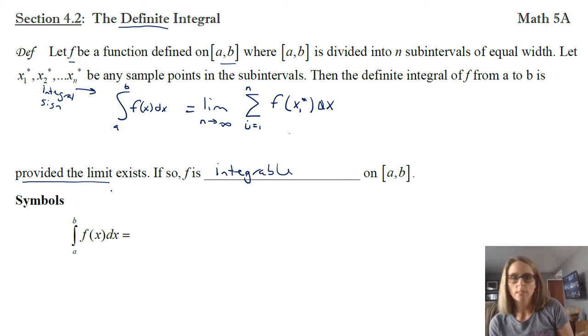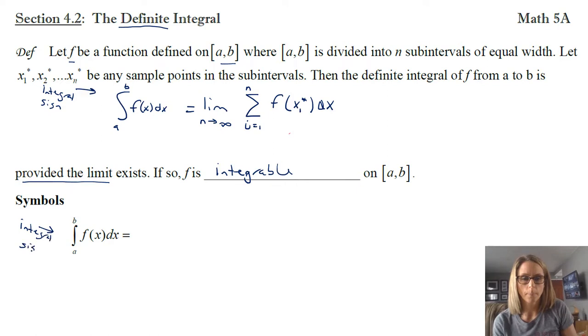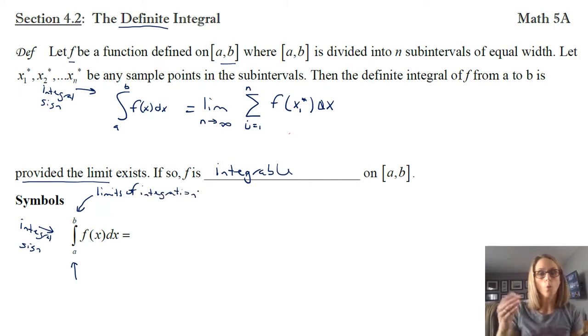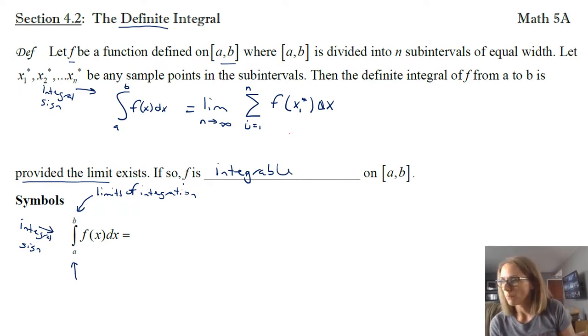As you can see, the symbols that I used above are here again. So I'll just write this again. This is the integral sign. And the a and the b are limits, like I said, of integration. So they're just telling us what interval we're integrating over.